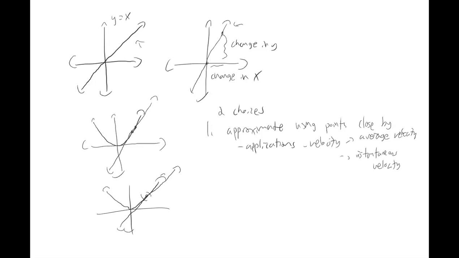The reason it's velocity is because you think of the y-axis as distance and the x-axis as time. I'm bad at science, but I'm pretty sure distance is rate times time. So if I do change in y over change in x, what are the units?